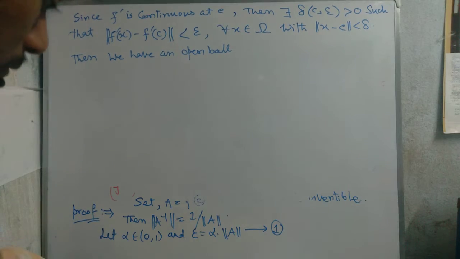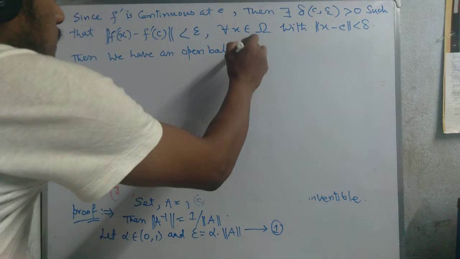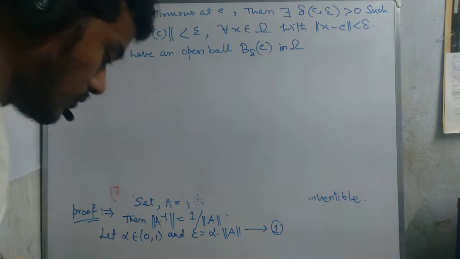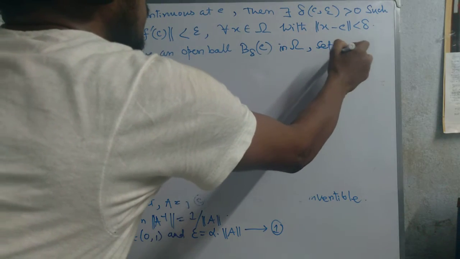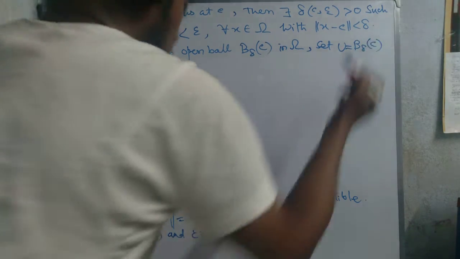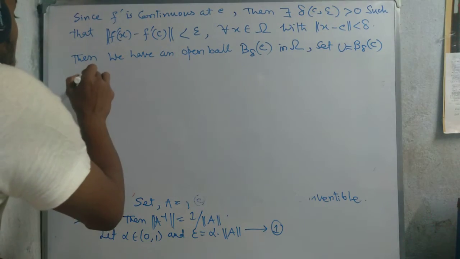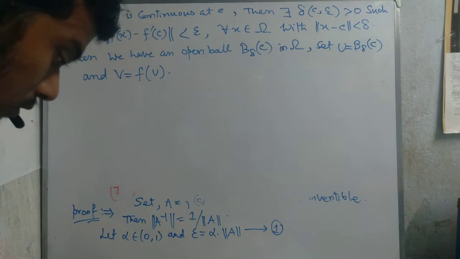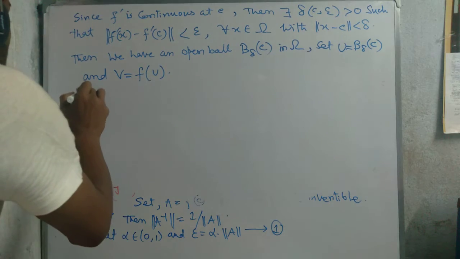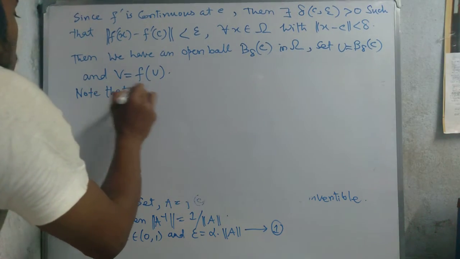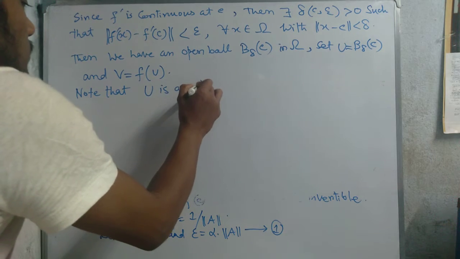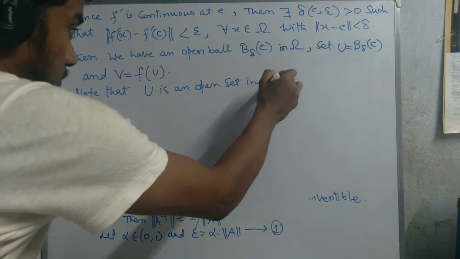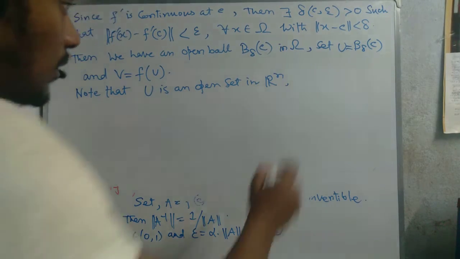Then we have an open ball B_delta(c) in Omega. Set U equal to B_delta(c) and V equal to f(U). Note that U is an open set in R^n and y belongs to R^m.